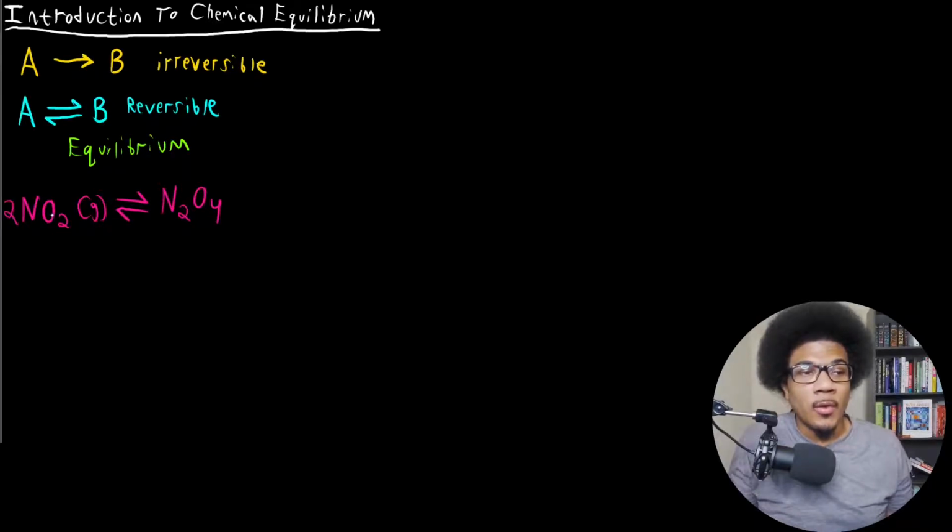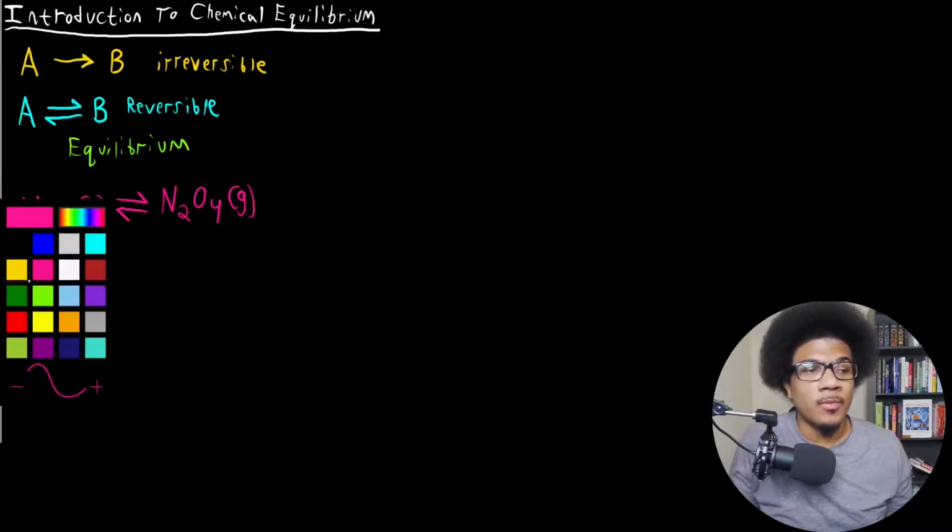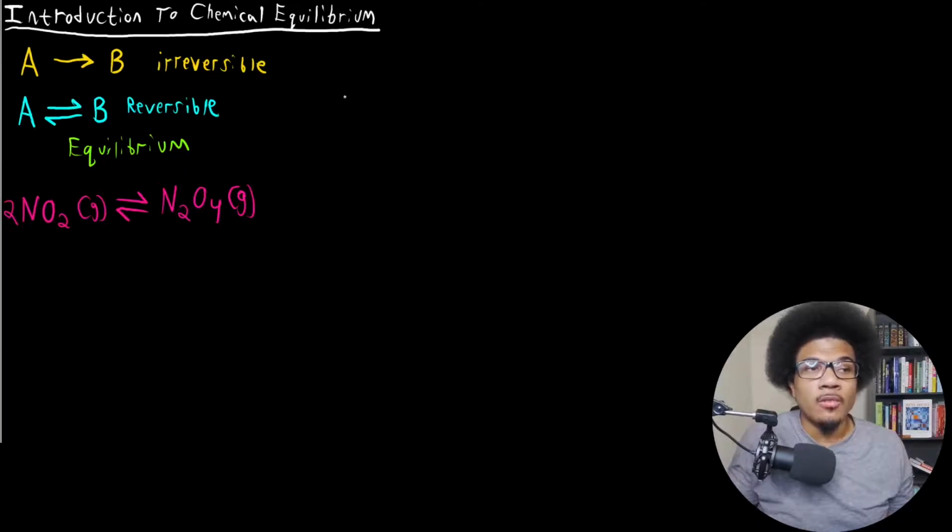So NO2 can dimerize and form N2O4, but just as likely N2O4 can decompose and form 2 units of NO2. So this is a classic example of a reversible reaction. NO2 forms a dimer by bonding at that central nitrogen and forms N2O4, but also N2O4 can break apart to form NO2. So when do we know it's reached equilibrium?